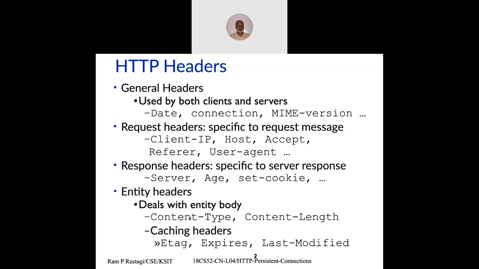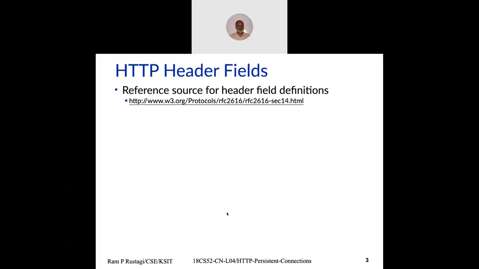And sometimes when you access a web page, you see gibberish characters, some junk. That basically means the application on the other side is not sending content type properly. Content length is how many bytes, so that the client can stop looking at content after that. And then the caching headers. Caching gives a performance improvement, and we will study this in our next lecture tomorrow.